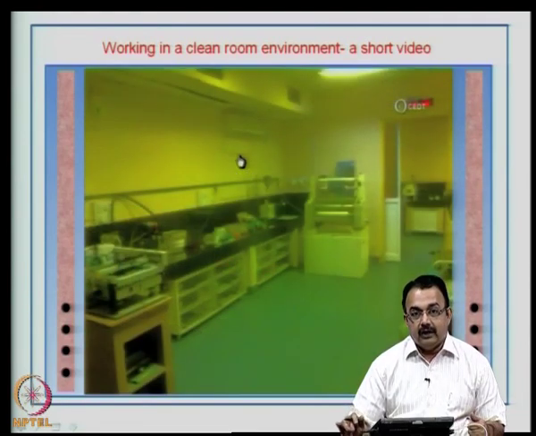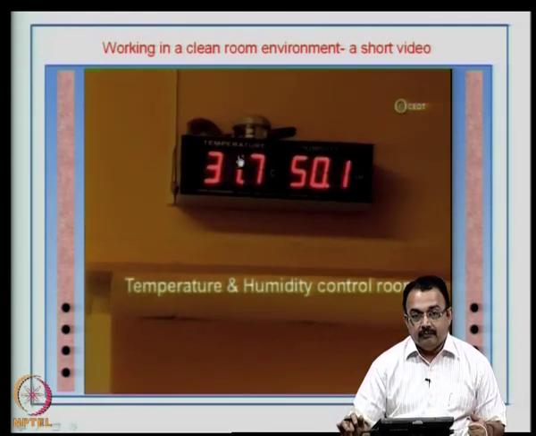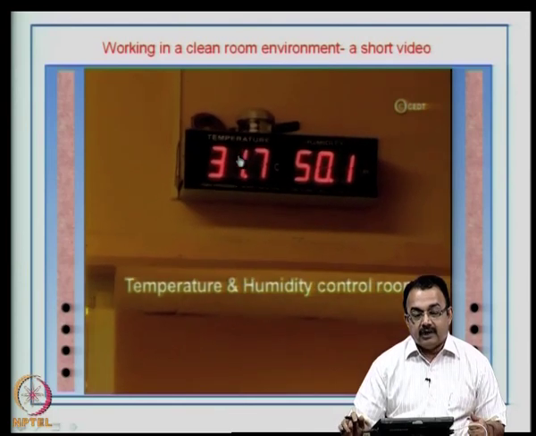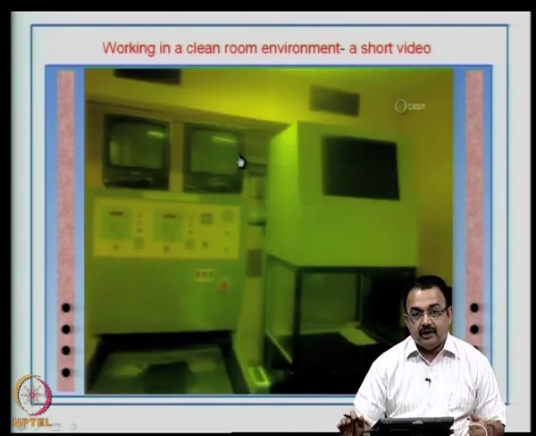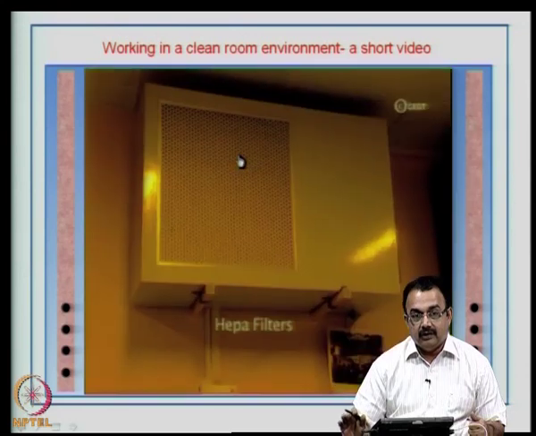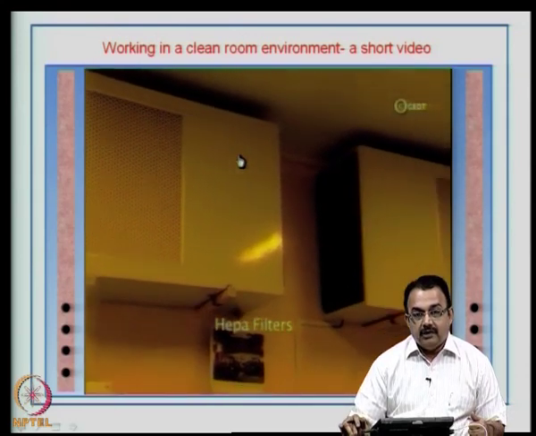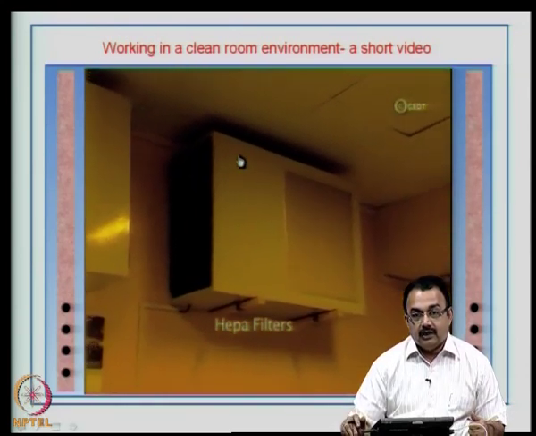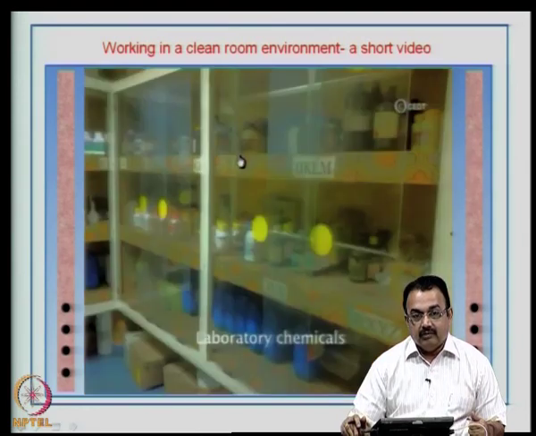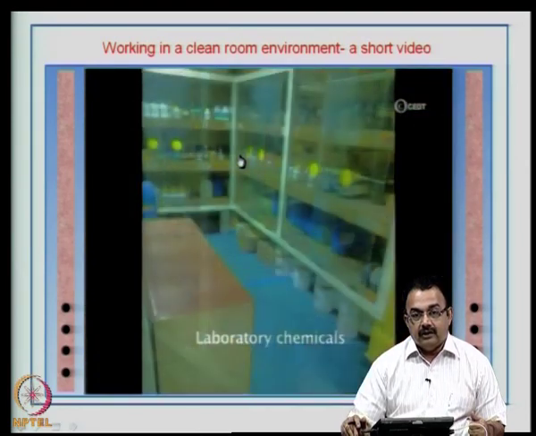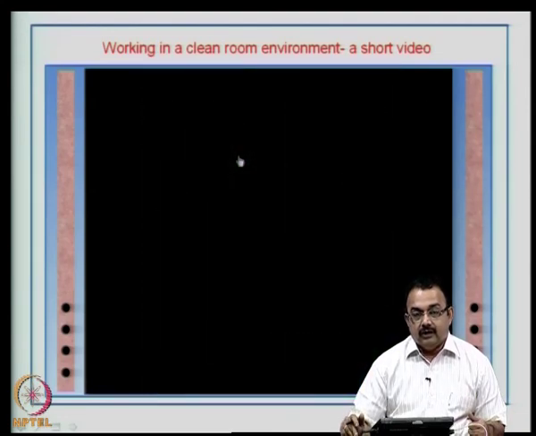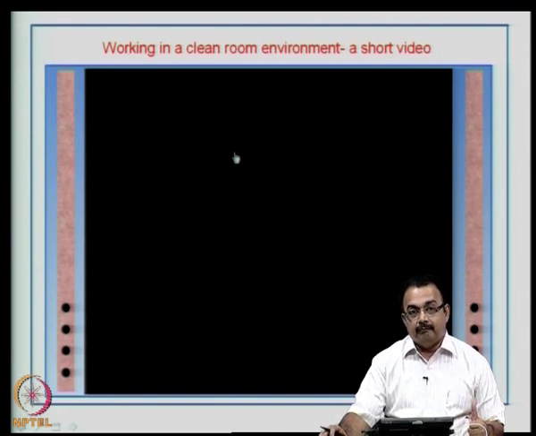This is the yellow room that you can see, and materials sometimes are very sensitive. Temperature and humidity conditions need to be maintained. For maintaining the clean room, here you can see HEPA filters are used. Basically, these are filters used to filter the dust, and then the dust is removed by an exhaust.